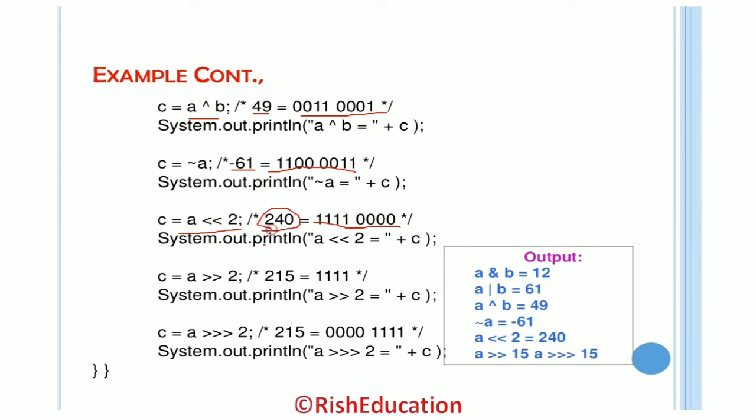If we use the right shift operator by 2, then it will produce only 15. Next, if we use the unsigned right shift operator, then it will also produce the same result, that is 15.